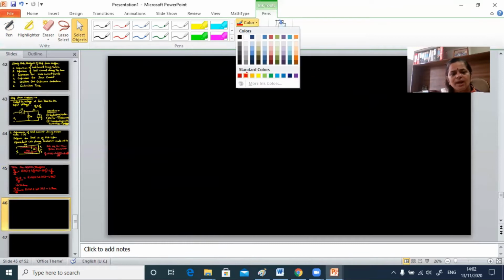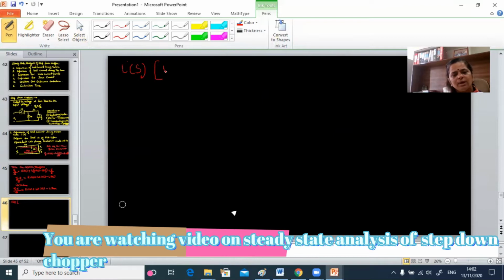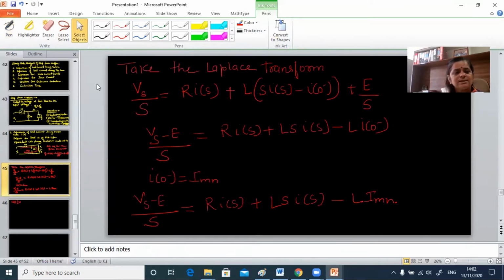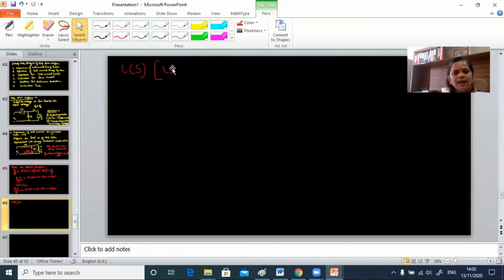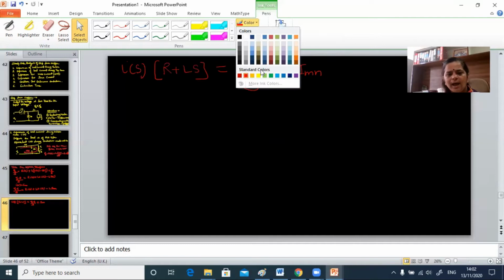If I take I(S) common, I will get R plus L S. So I will get (R plus L S) I(S) is equal to Vs minus E by S plus L I minimum. This is what we were getting.